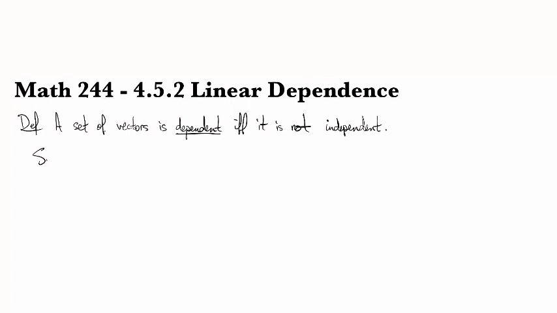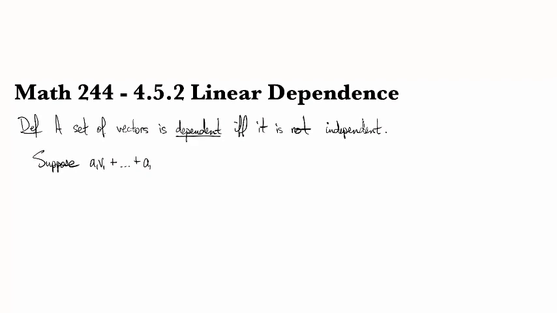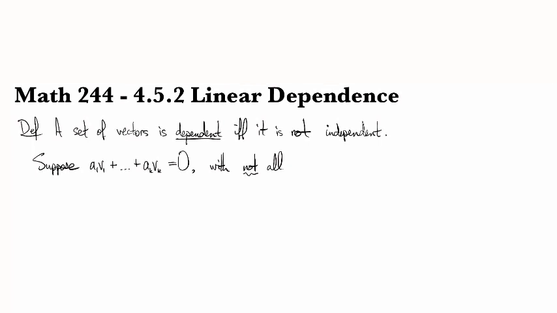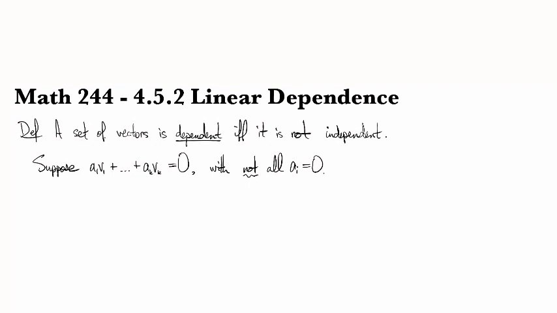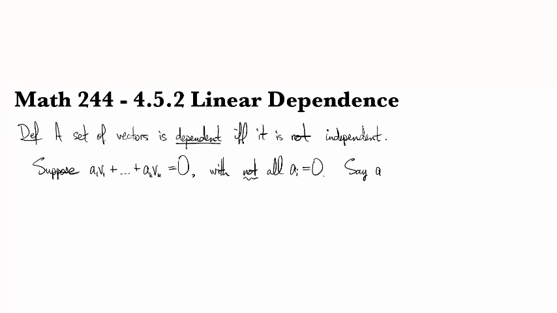Okay, so we're looking at the negation of the definition of independence. So suppose that a1 v1 up through ak vk are added together and give you 0, with not all of the ai equal to 0. So for the sake of argument or concreteness, say it's the first one.